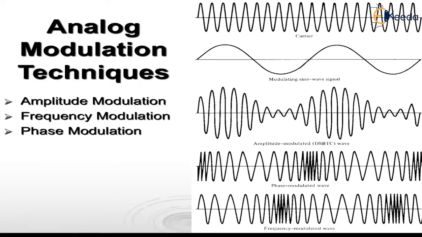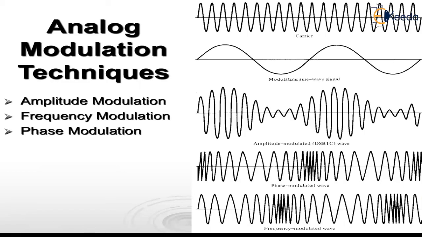Frequency modulation and phase modulation are special cases of angle modulation. For phase modulation, the variation in the phase is proportional to the modulating signal amplitude. Frequency modulation is the derivative of phase modulation, in which the frequency of the modulated signal varies in accordance with the amplitude of the modulating signal.